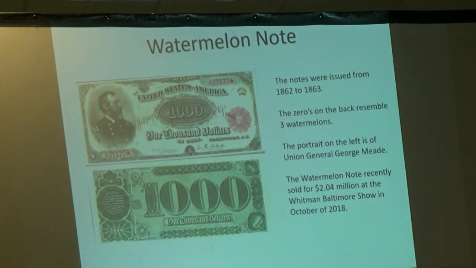Of course it has General George Meade on it. But what I really found interesting is there's another $500 note, but this particular note with the buyer's fee came out to a little over $2 million. So that's a pretty good amount for this. I understand there was a lot of competition for this because it's so rare.